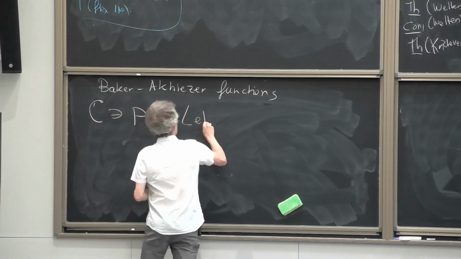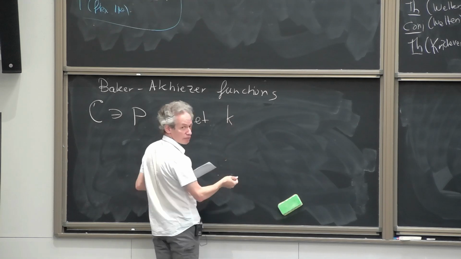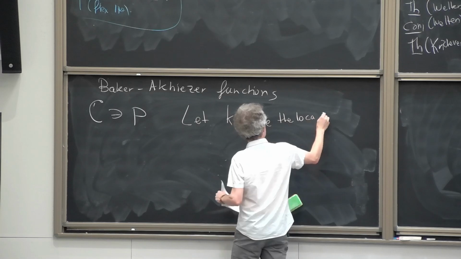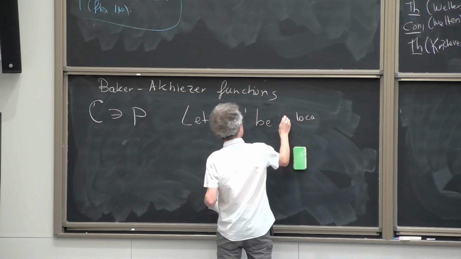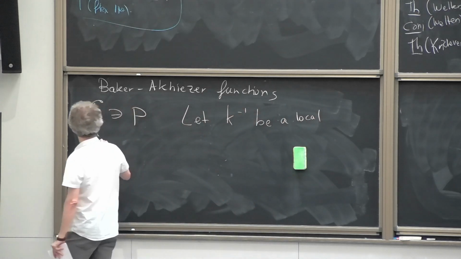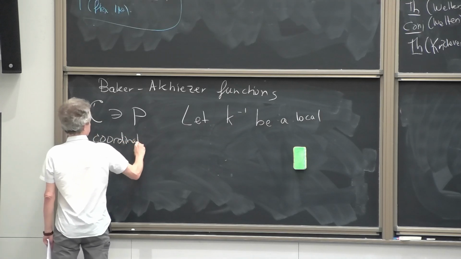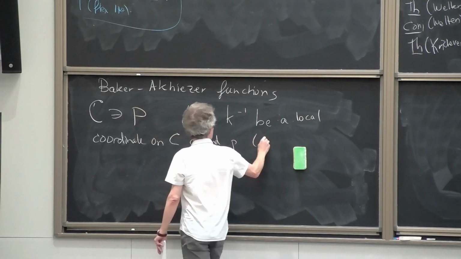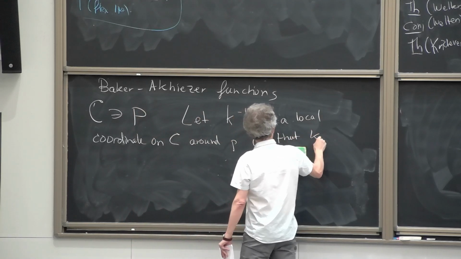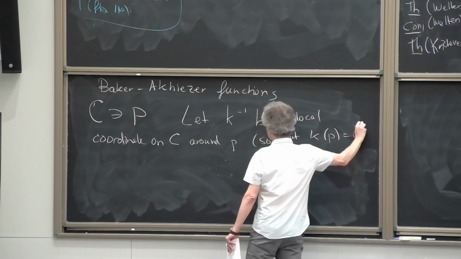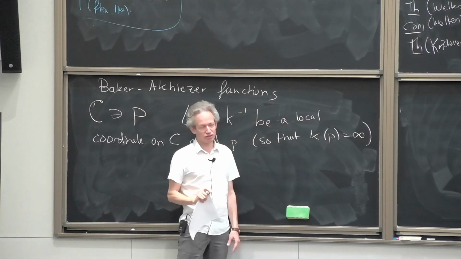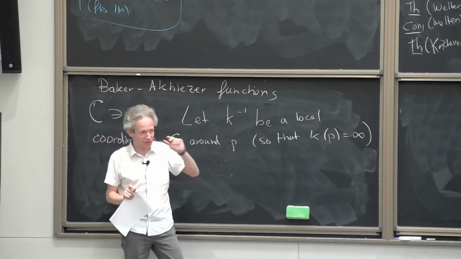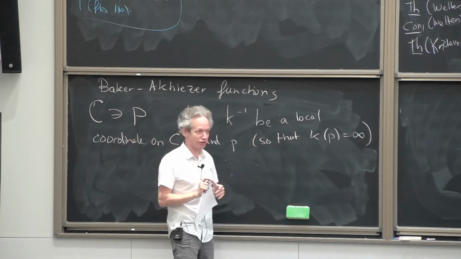And let k inverse be a local coordinate, I'm sorry, a local coordinate on C around P, so that k of P is infinity. That's what I mean, right? Normal people don't write k inverse for a coordinate. Normal people write k for a coordinate. It's very important not to be normal here and do the right thing, okay?